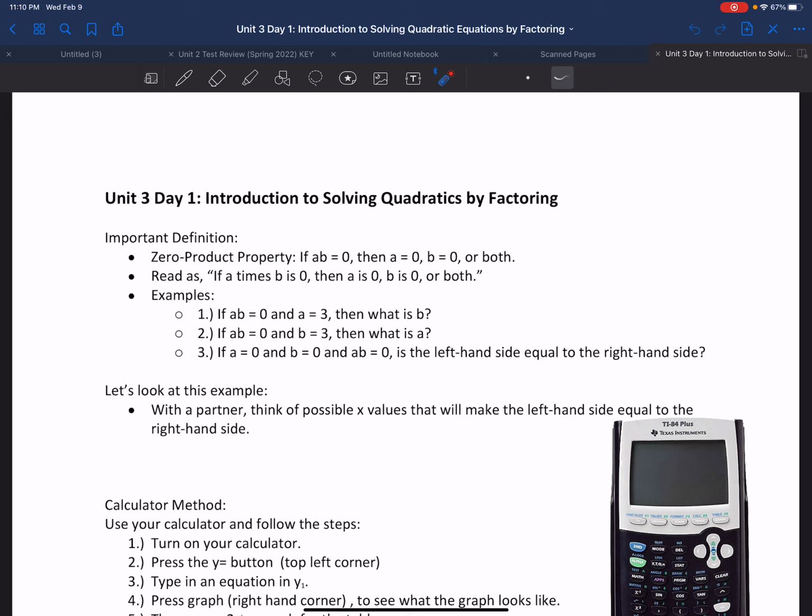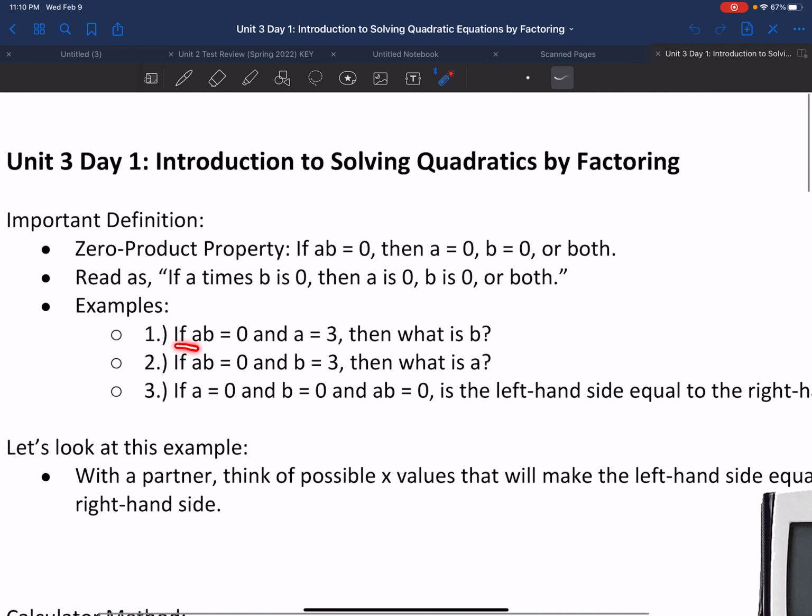So an example of this. Remember I said that A times B is equal to 0, right? This is a product here, because it says A times B. Now if AB is equal to 0, and A is equal to 3, so this value here is 3 times my B, then how would I make this 0?